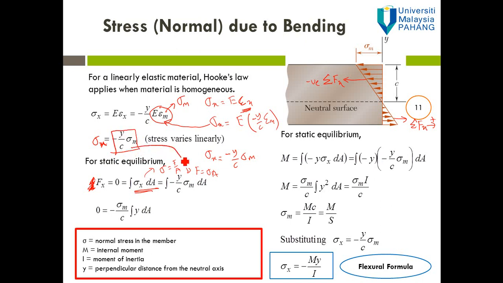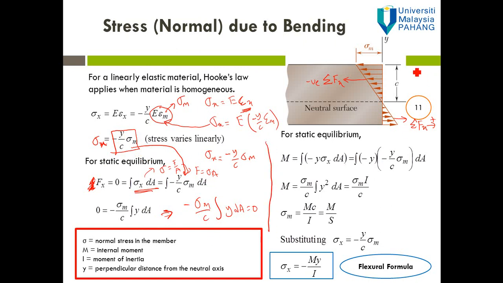So we substitute here. Finally, we get that minus sigma m over c times the integration of y dA is equal to 0.